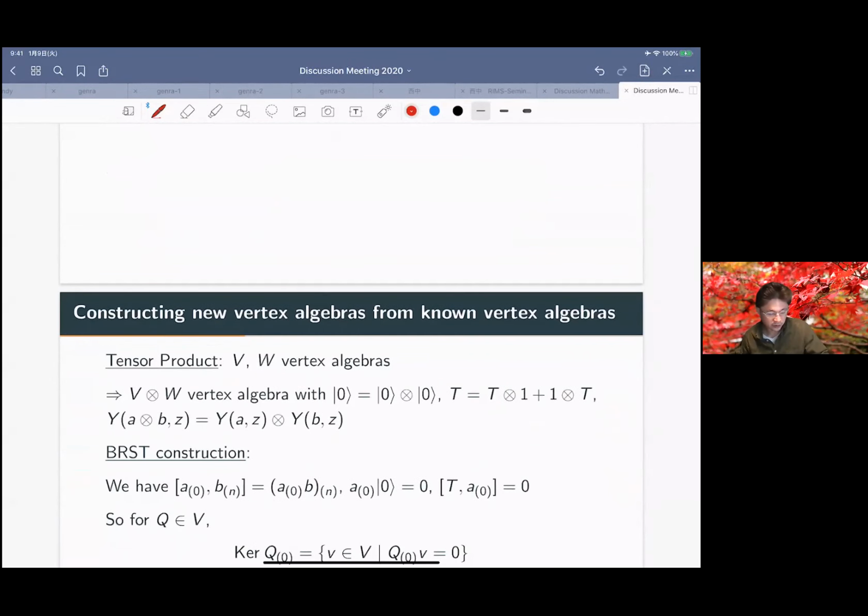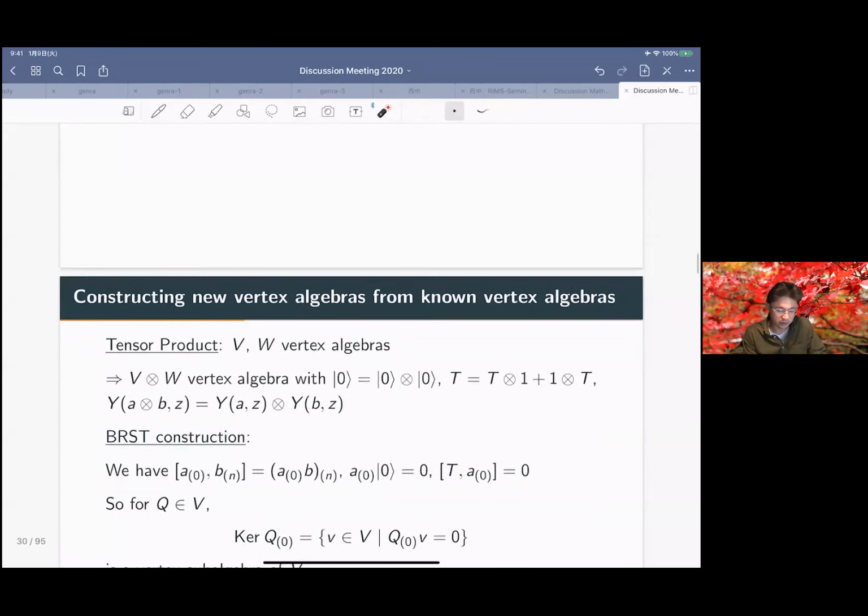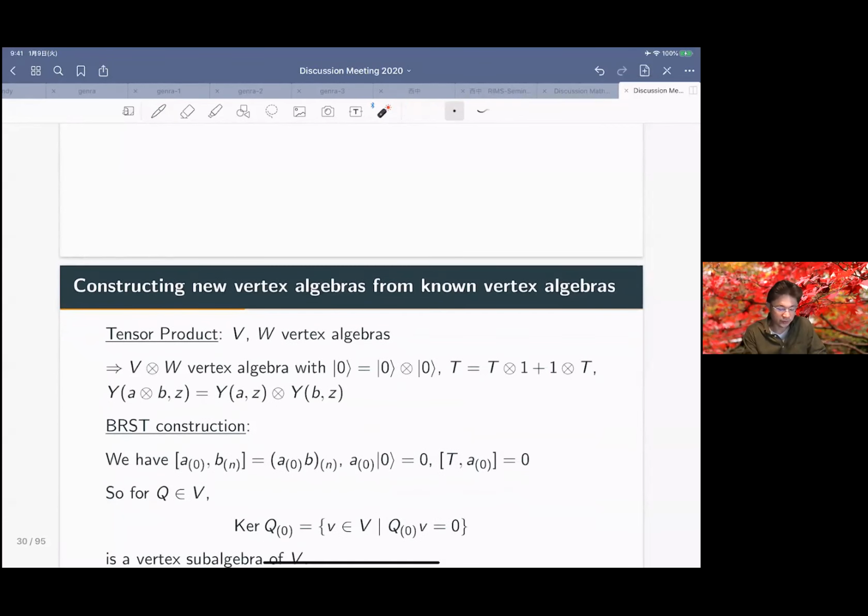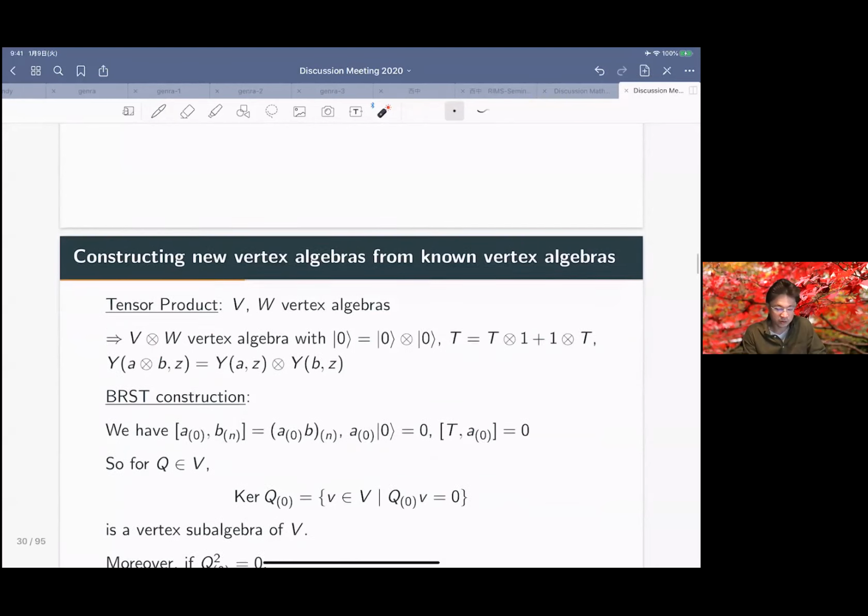There are several ways to construct new vertex algebras from known vertex algebras. One of them is just the tensor product. This is a very elementary construction. If you have two vertex algebras, the tensor product is a vertex algebra.